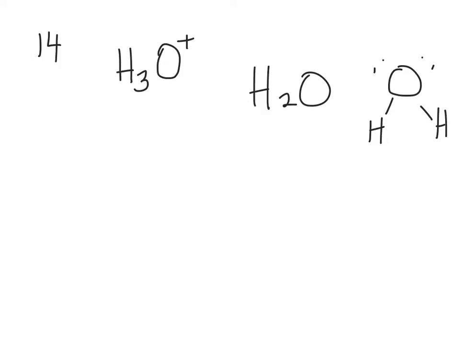The difference between these two entities is a hydrogen with a plus charge. How many electrons does a hydrogen with a plus charge have? Zero. None. So this is telling us it's made a bond.